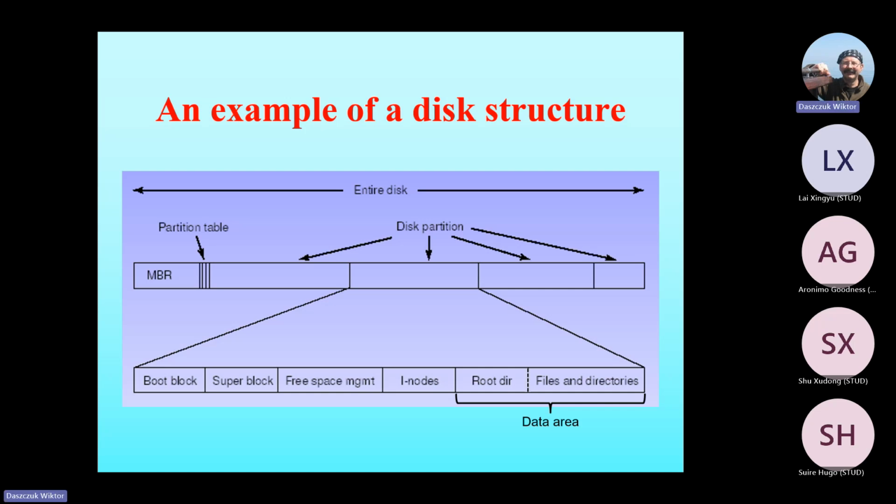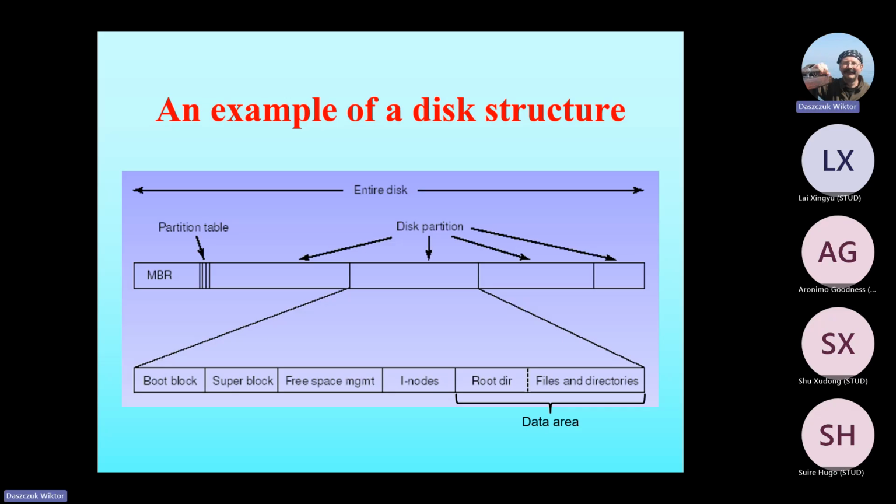The beginning of the partition contains a boot block that continues loading the operating system, but for the given operating system. This is universal and directs to the boot block of the given partition. And this is specific to, for example, these two. This is specific to Linux.